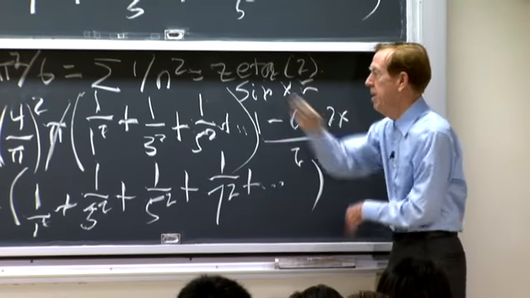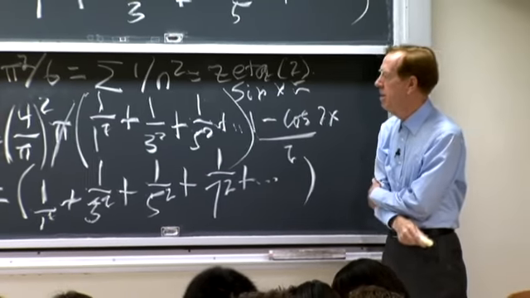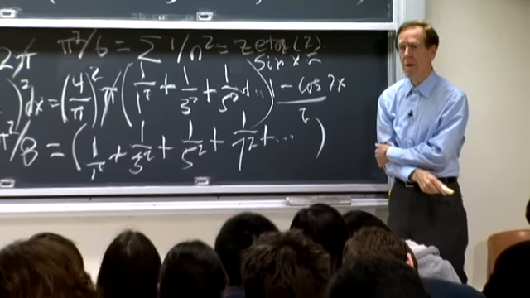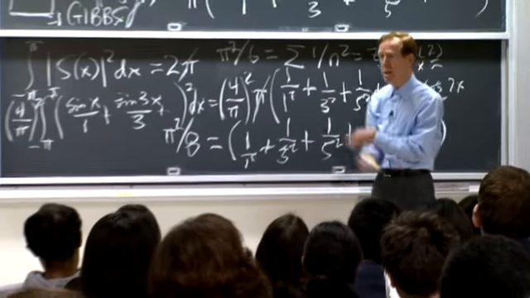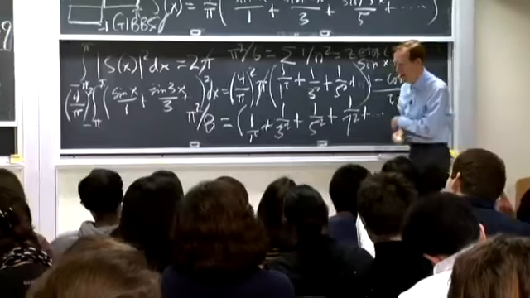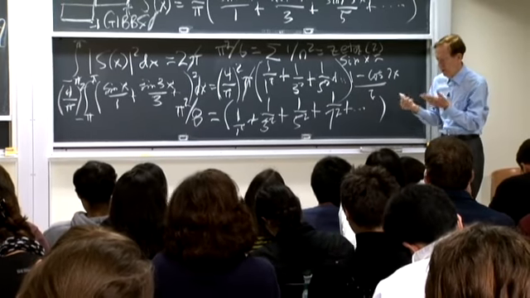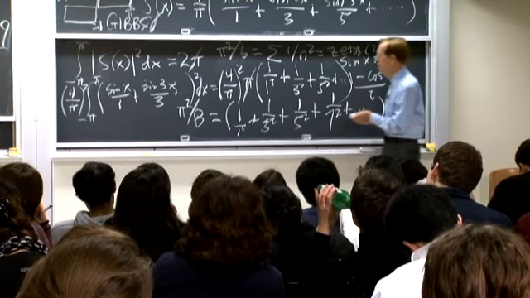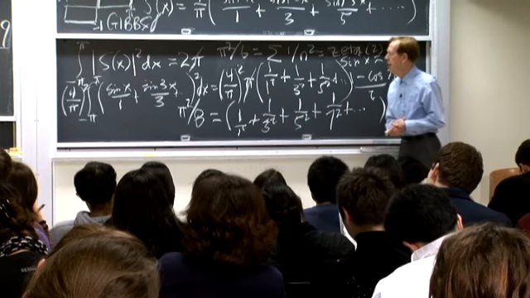Zeta of 2. So we know zeta of 2. We know zeta of 4. I don't think we know zeta of 3. I think it's not a special number like pi squared over 6.